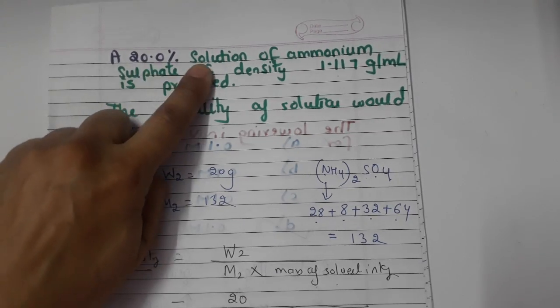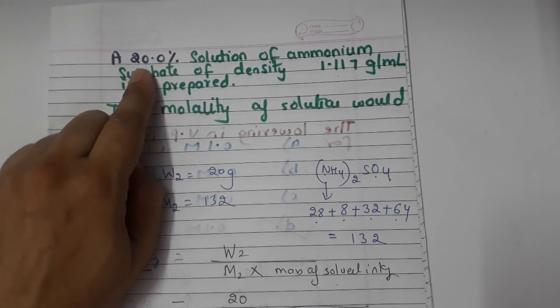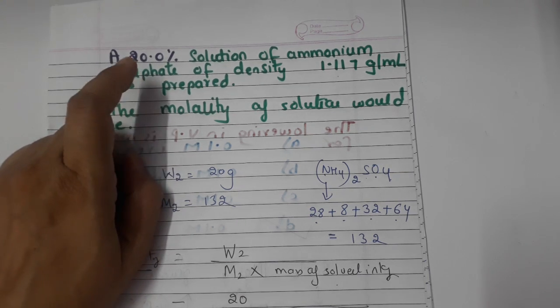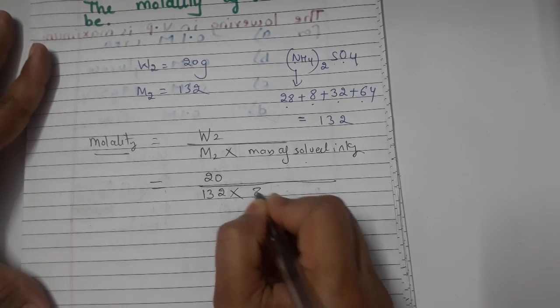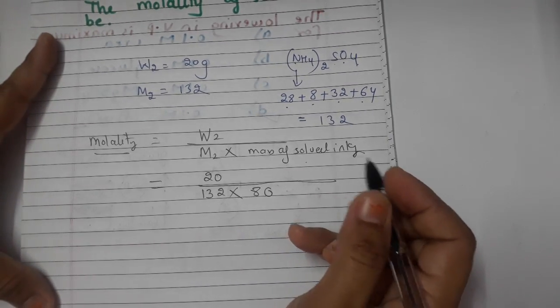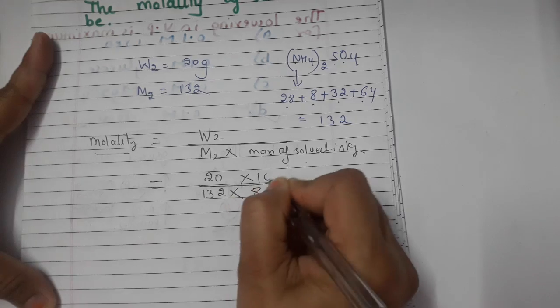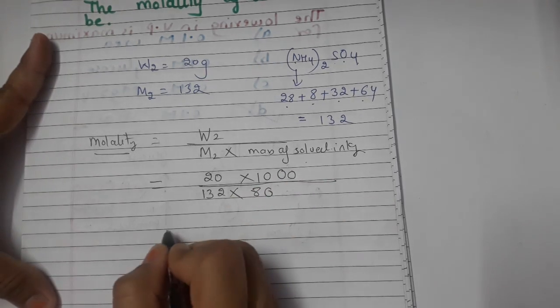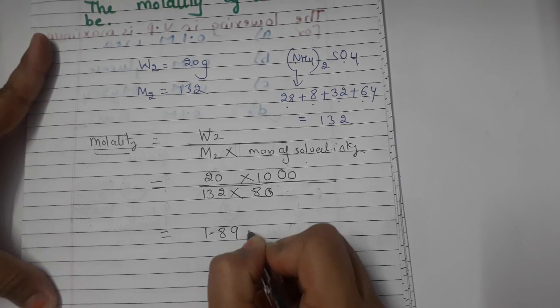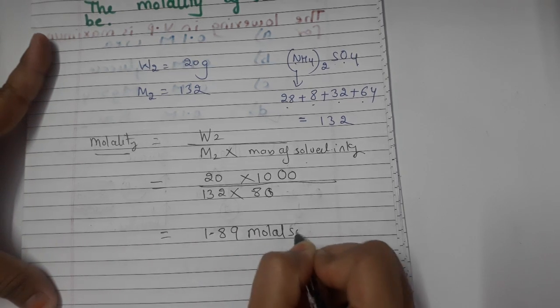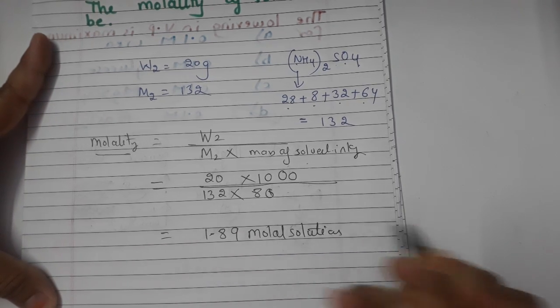Here it is given 20% solution, means 20 is the mass of solute and 80 is the mass of solvent. So I write here 80, and for kg I have to divide it by 1000. When you solve this, you will get 1.89 molal solution.